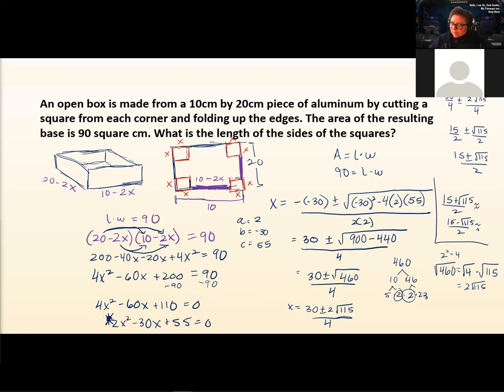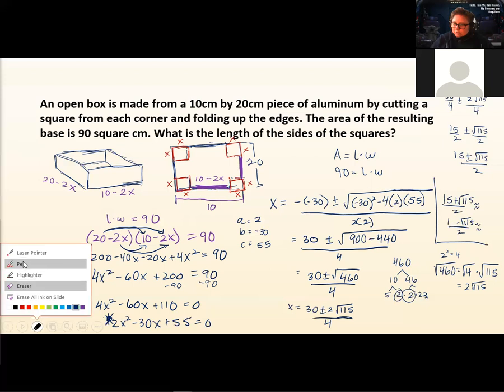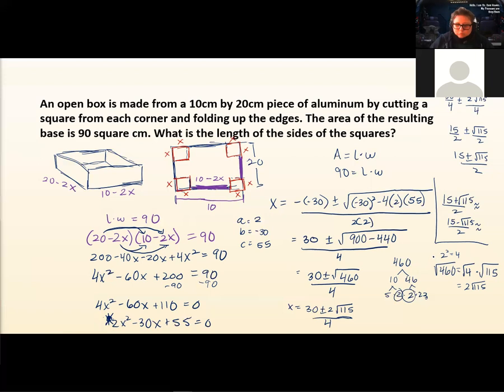What's the approximate value of the first one? By plugging that into a calculator, by the way.